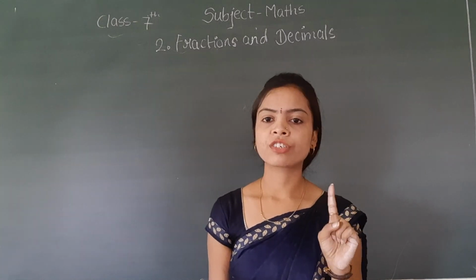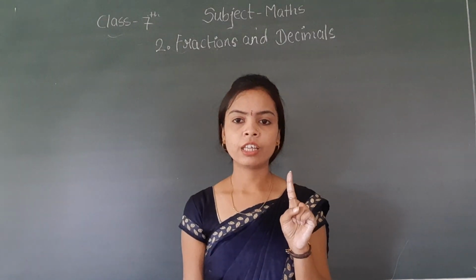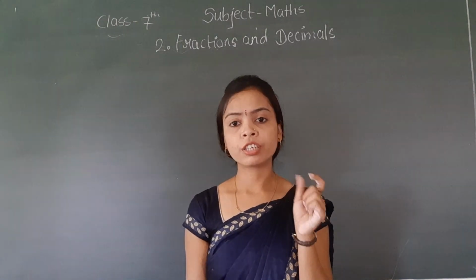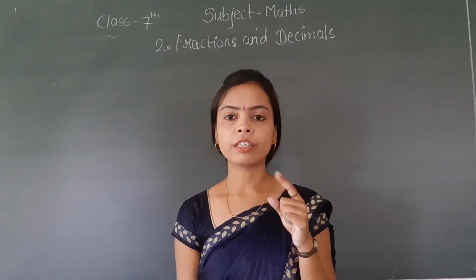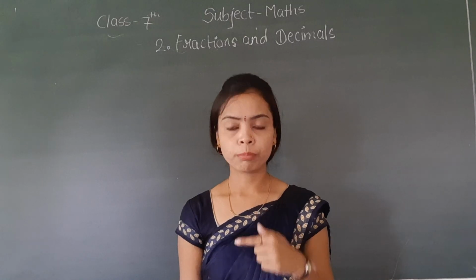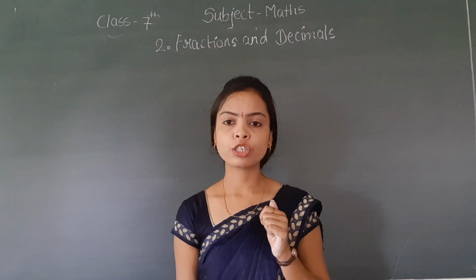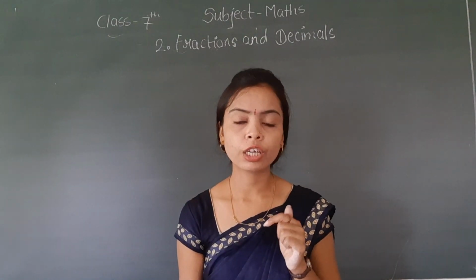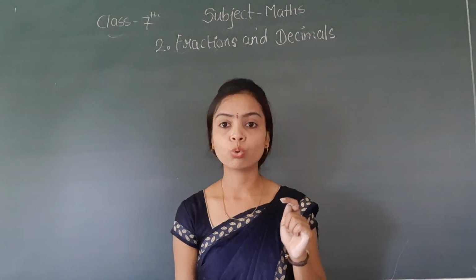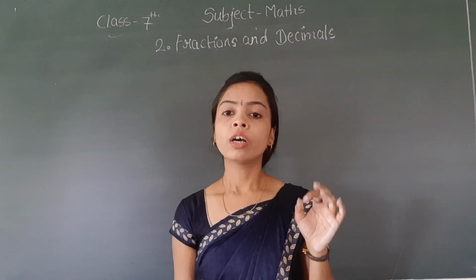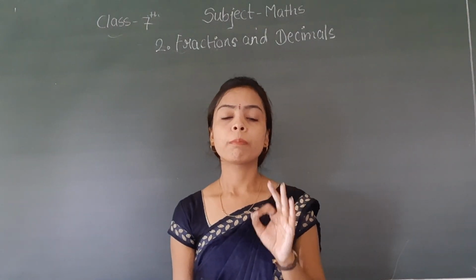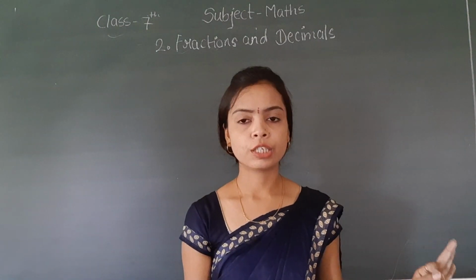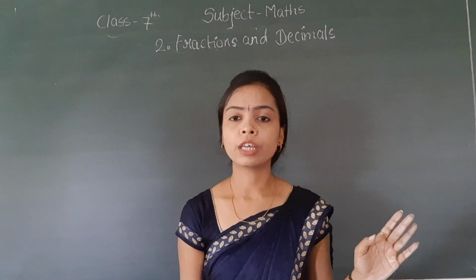The number written above the divide line we call the numerator, and the number written below the divide line we call the denominator. But there is a condition: if the denominator is 0, then we don't call it a fraction. So if there is a fraction, the denominator must not be 0. Denominator 0 नहीं हो सकता है.